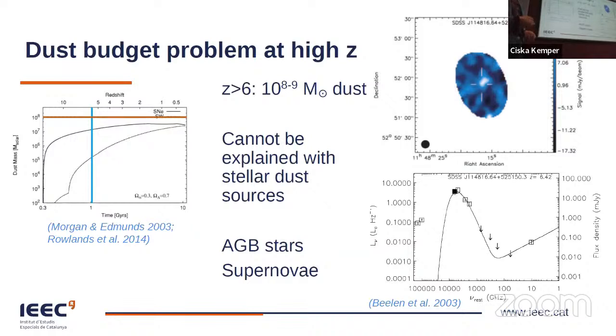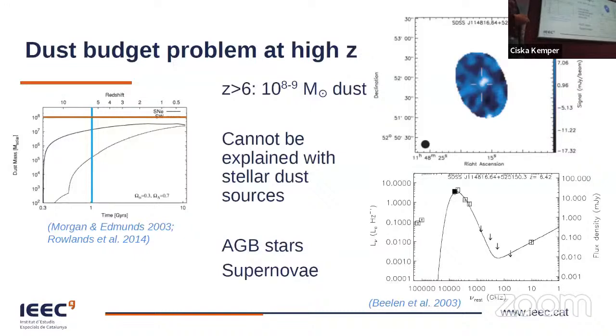About 20 years ago already, there were observations like this one of distant galaxies at redshift 6 and higher, which were fairly dusty, 10 to the 8, 10 to the 9 solar masses of dust. These are submillimeter photometry observations, and you just have a few detections here, a dust SED is fitted, and a dust mass is derived.